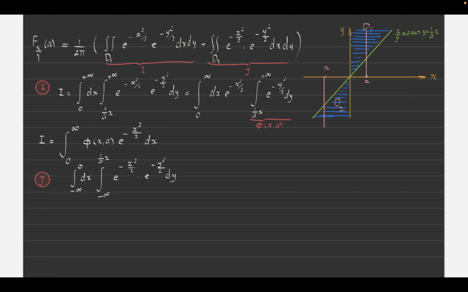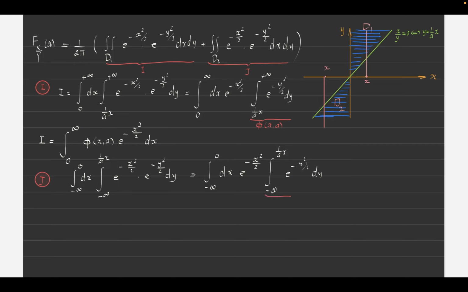Let's make this story short because that's exactly the same thing. I would write it as minus infinity to 0, with dx e to the power of minus x squared over 2, but then there will be another integral that I am not able to calculate explicitly. If you don't mind, let me give it a name again for the same reason.